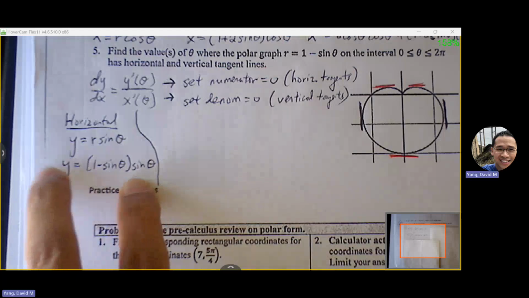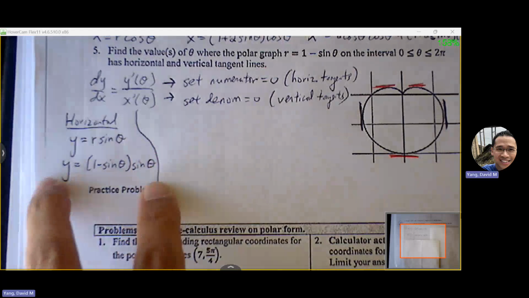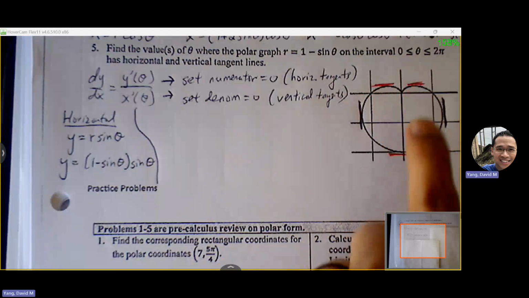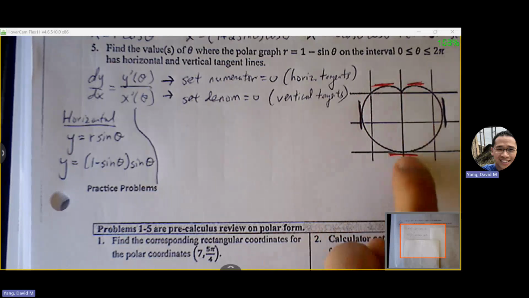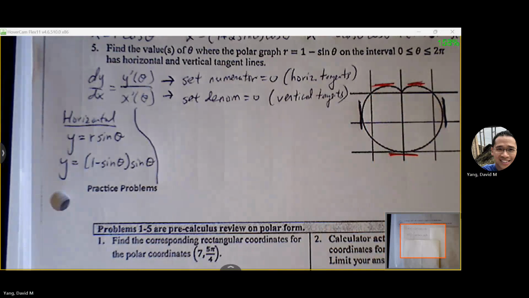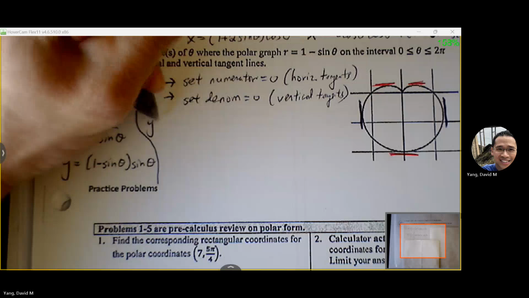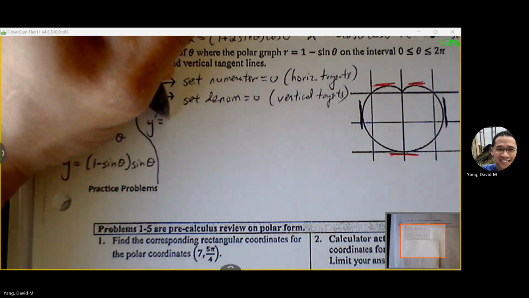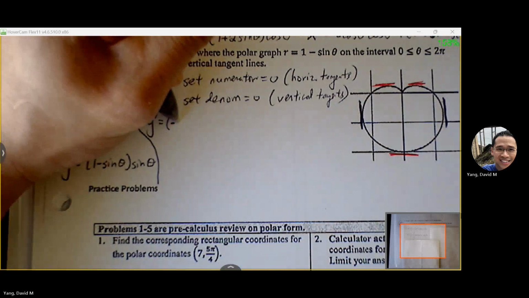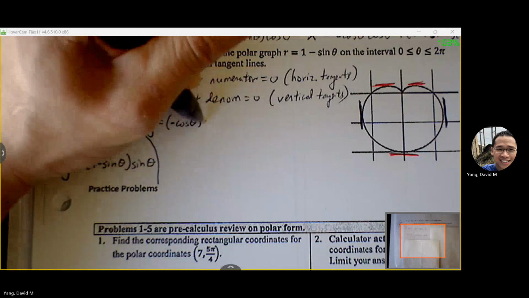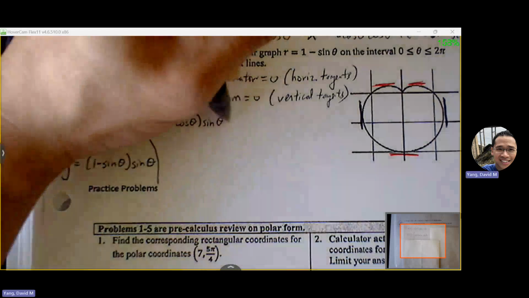Then we'll set the derivative equal to 0 and look for theta. And those theta values will tell us where the graph is going to be experiencing a slope 0. Product rule.